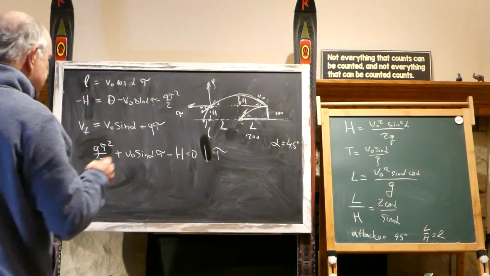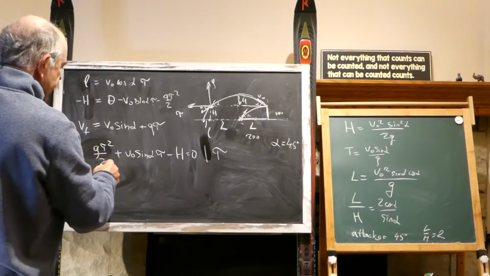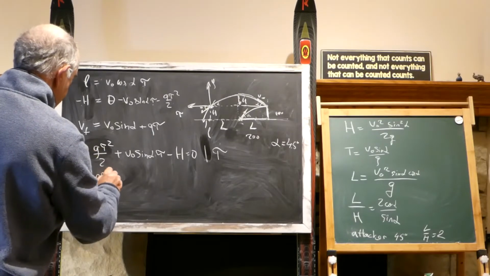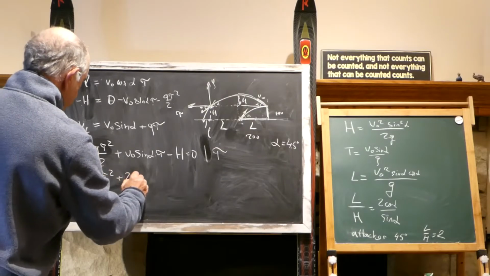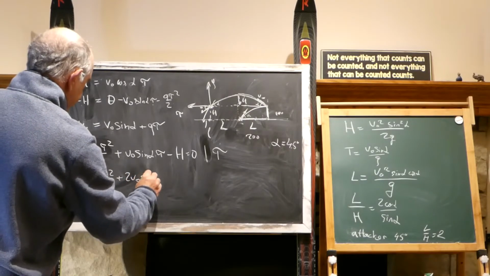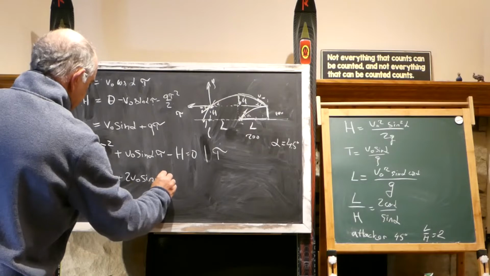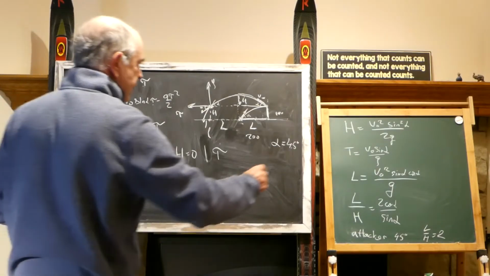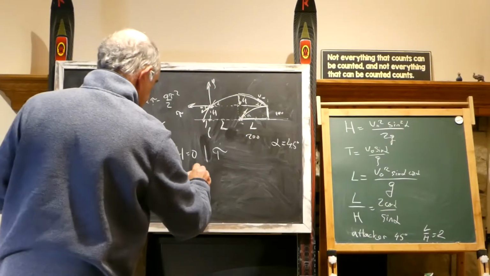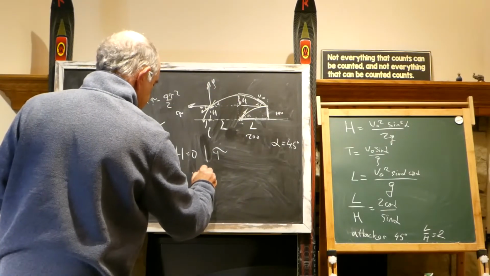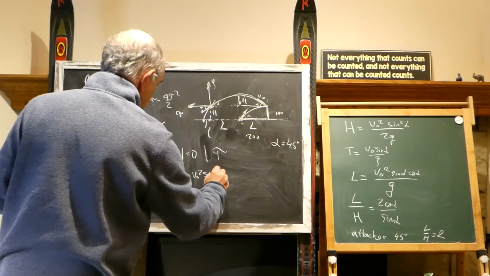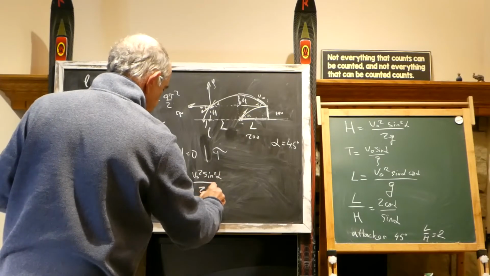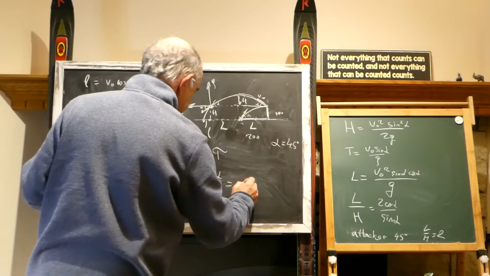Let's multiply by 2, so we will have no denominators: g tau squared plus 2 v0 sine alpha multiplied by tau minus 2h. And instead of h I will write v0 squared sine squared alpha divided by 2g, because we know that already. The 2 is gone, and it is equal to 0.